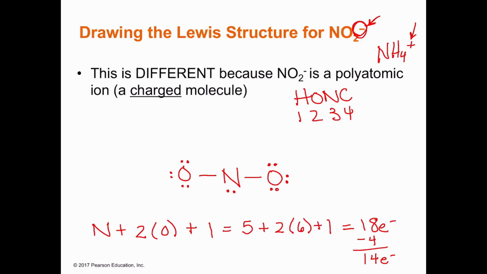Now we check and make sure everything has an octet. The oxygen on the right has 1, 2, 3, 4, 5, 6, 7, 8. The oxygen on the left has 8. The nitrogen in the middle, though, has 2, 4, 5, 6. So the nitrogen in the middle is short some electrons.